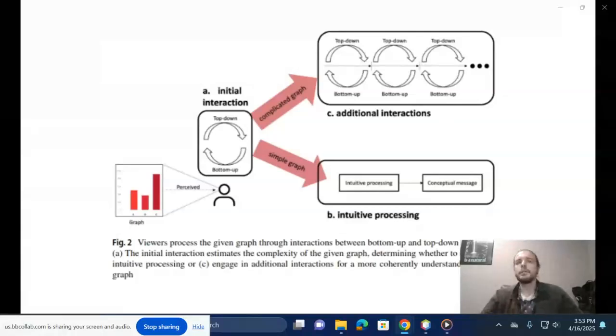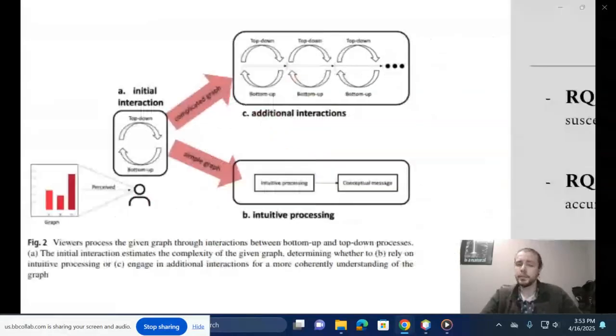A lot of maliciously misleading visualizations will try to skim under the complicated graph critical thinking process. So we'll see a lot more misleading elements in simpler charts than complicated ones.